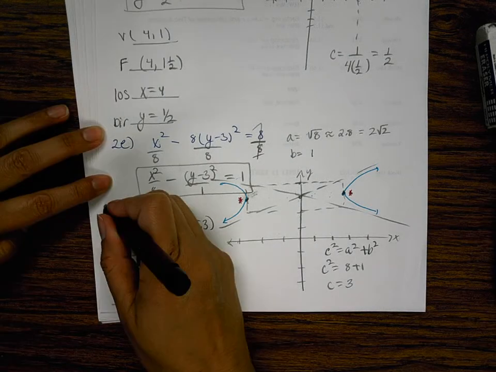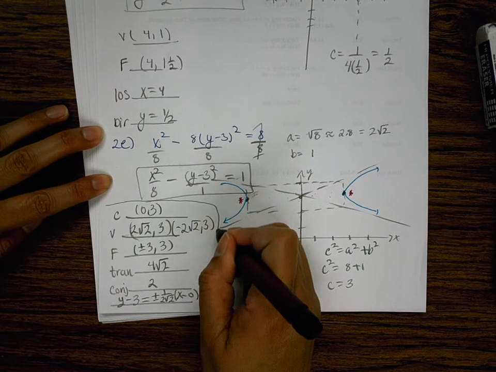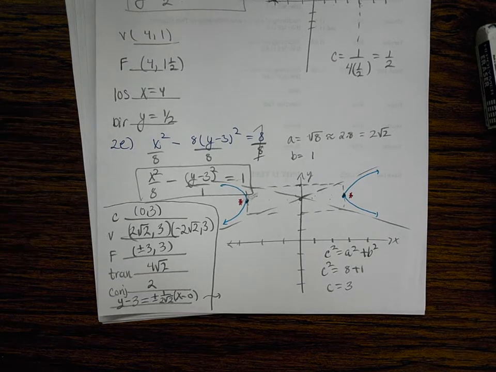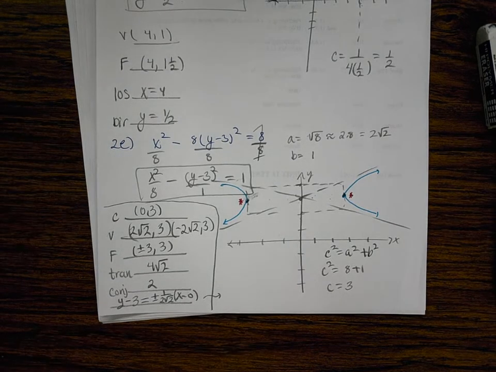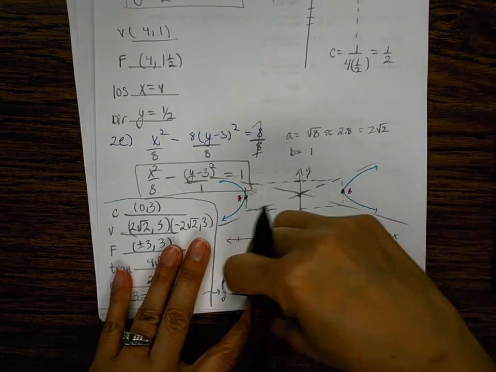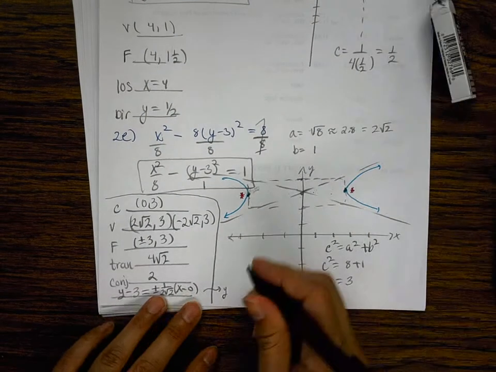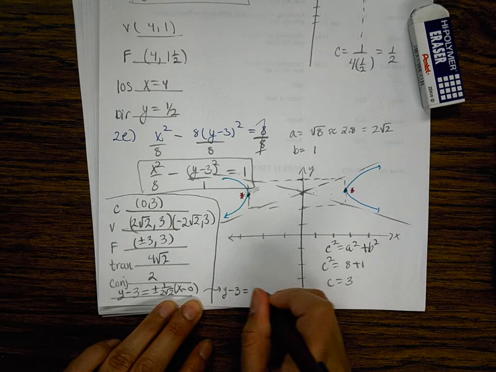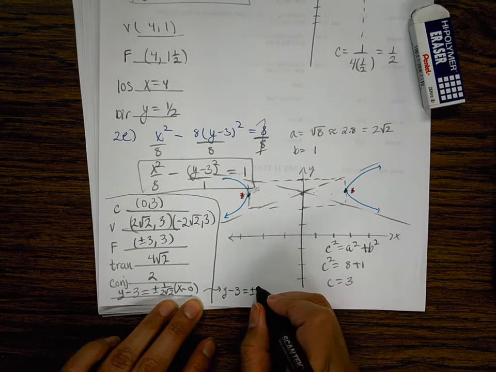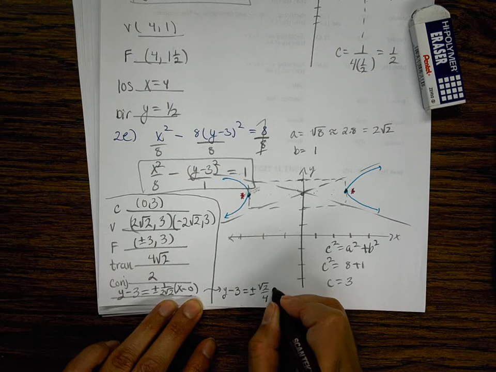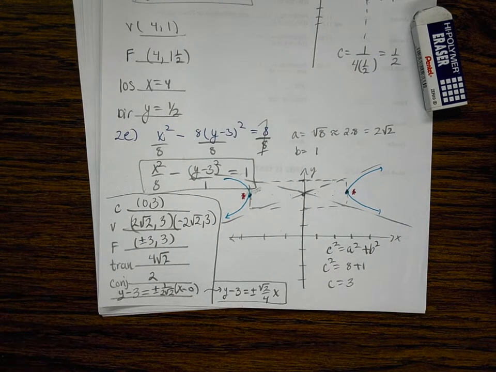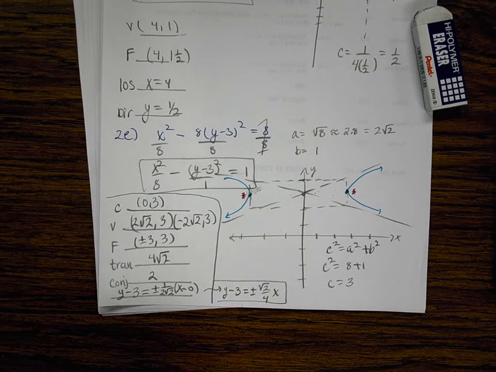Now, as I stated earlier, we haven't really ever rationalized the denominator, but you can, and they do on the worksheet answers on the back. So it would look like this, y minus 3 equals plus or minus root 2 over 4 if you did rationalize, x. That time I'm not going to put the minus 0. You can, it's up to you. Either one, you do not need both. So there's the work for 2E.